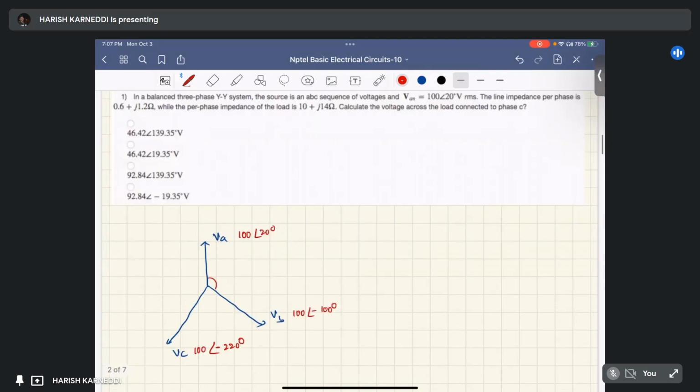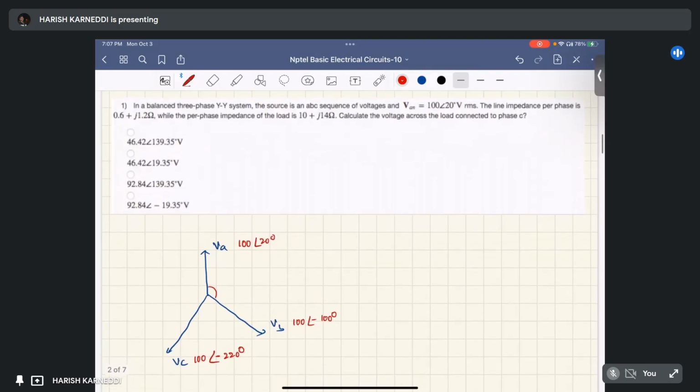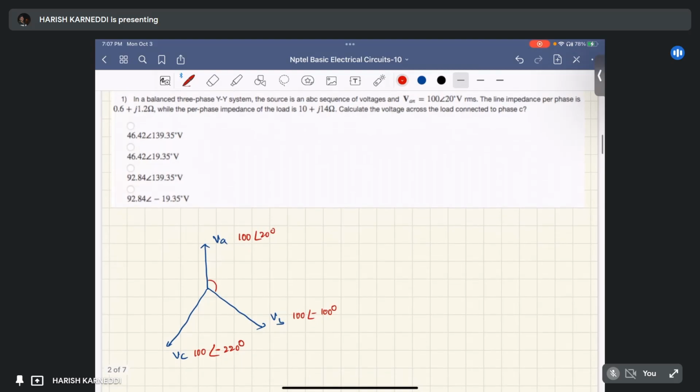Because here it is a balanced three-phase system, and the line impedance per phase is 0.6 plus j1.2 ohm, and the load impedance. Sorry, we can write line. Yeah, the load impedance, the load impedance is 10 plus j14.